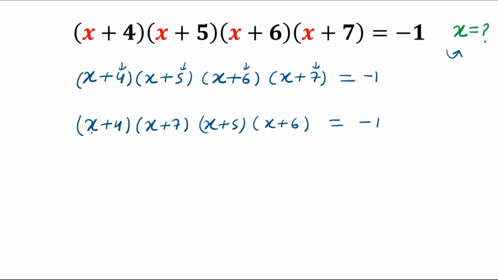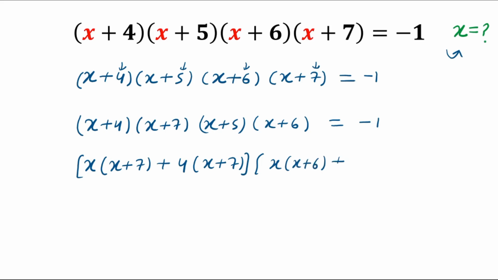Now x is multiplied by (x+7), plus 4 is multiplied by (x+7), and here x is multiplied by (x+6), plus 5 is multiplied by (x+6), and this is equal to -1.